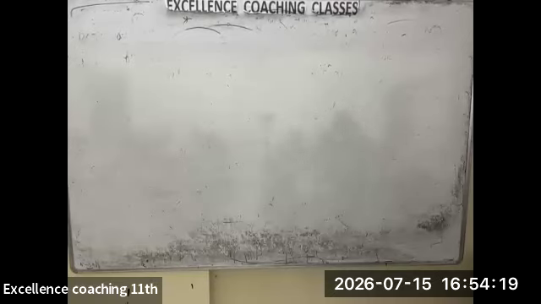At what angle to the horizontal should a body be projected so that the maximum height reached is equal to horizontal range? So maximum height reached should be equal to horizontal range. And what you have to find out? At what angle you should project.